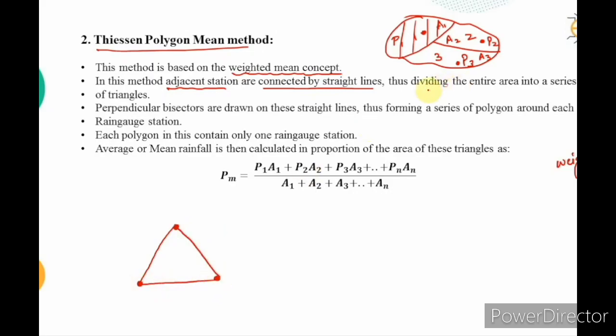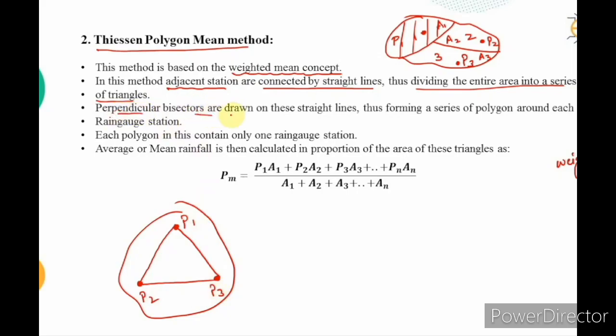Just assume that these are the straight lines. Then the entire area is divided into a series of triangles. So within an area there are three rain gauge stations, P1, P2 and P3.